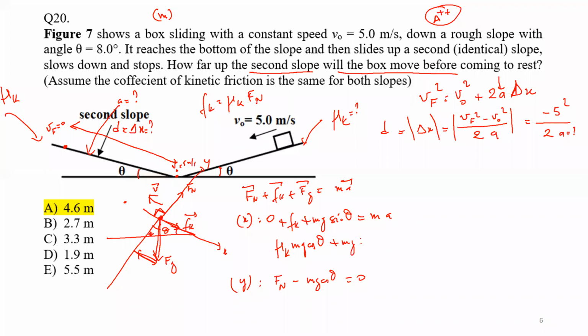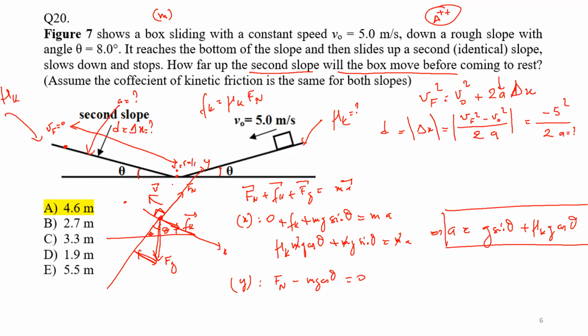Plus mg sine theta is equal to ma. Let me simplify by m, and I get my a, which will be just g sine theta plus mu k g cosine theta. So this is the acceleration of my object when it's sliding up the inclined plane.